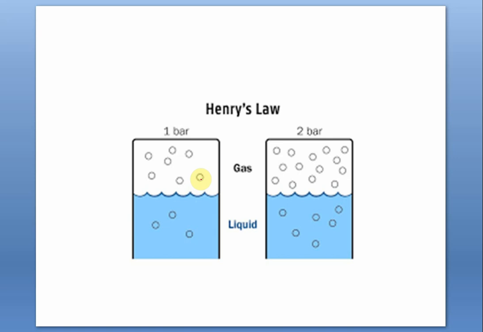So this is 2 bar, where there are more molecules of gas inside, just for understanding purposes. So here, when you increase the pressure from 1 bar to 2 bar, more gas molecules are now hydrated or buried inside the aqueous phase. That means they become dissolved. The solubility becomes more when the pressure is more.